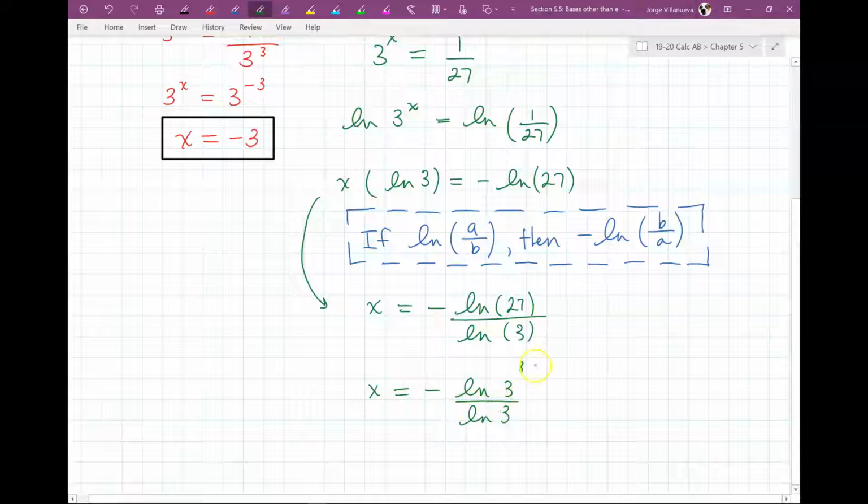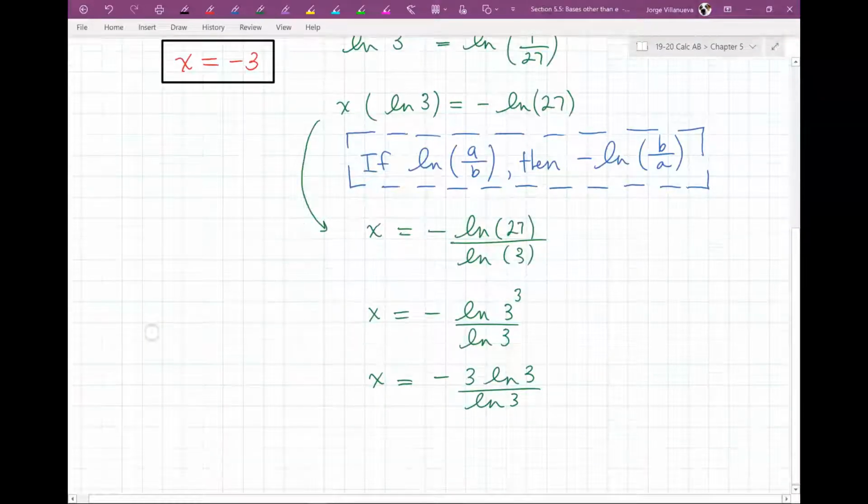Okay, but I'll show you guys what I'm talking about. So I'll put it right here. And then I'm going to bring the 3 to the front, that power of 3 to the front. Right? And since the natural logs of 3 can cancel out, you get your answer.